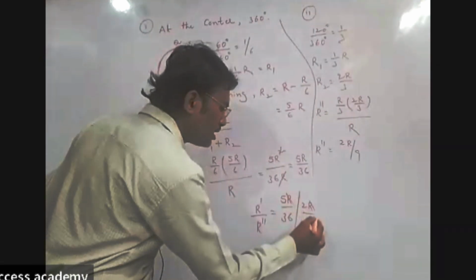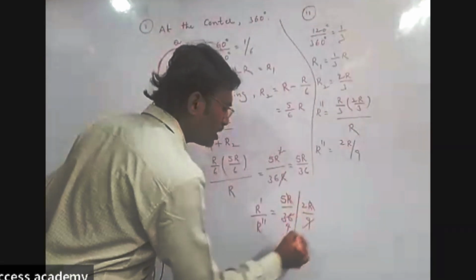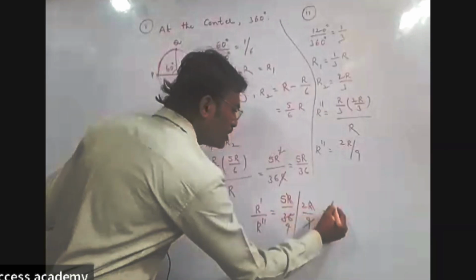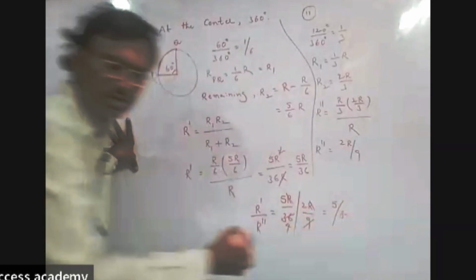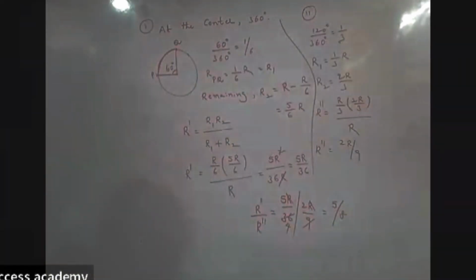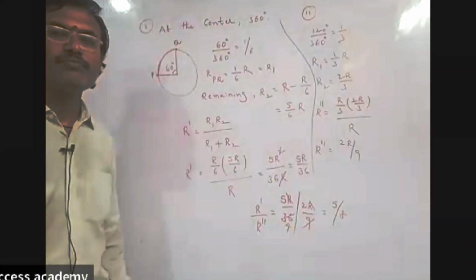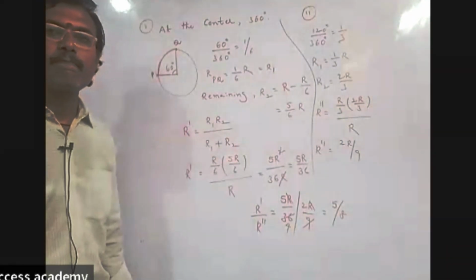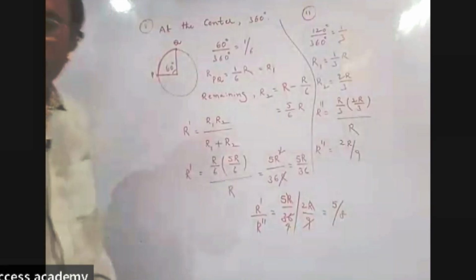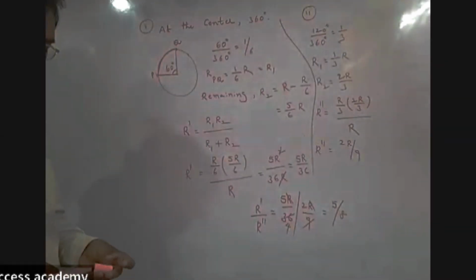R gets cancelled. 9 ones are 9, 4 nines are 36, so that is 5/4 by 2, which is 5/8. That is the answer: 5/8 or 5:8. Got it? Okay, so you try the remaining models.